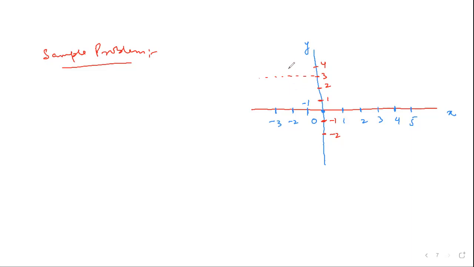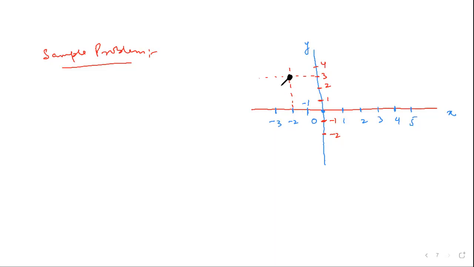So I have here the particle at this coordinate, x equal to -2, y equal to +3.